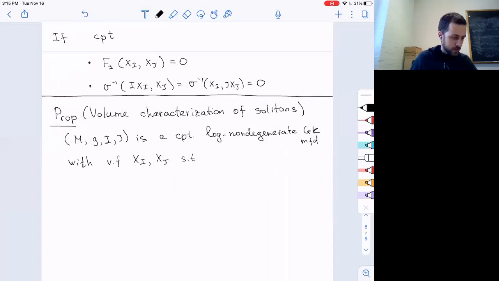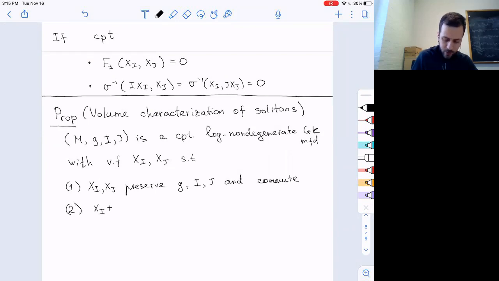First, Xi and Xj preserve the metric, so they're Killing, they preserve I, they preserve J, and they commute. Second assumption is that Xi plus Xj is the F plus Hamiltonian vector field, and likewise the F minus Hamiltonian vector field would be Xi minus Xj.